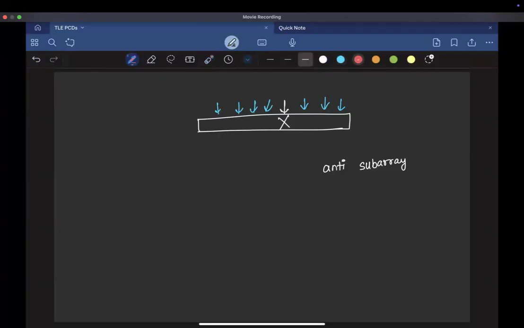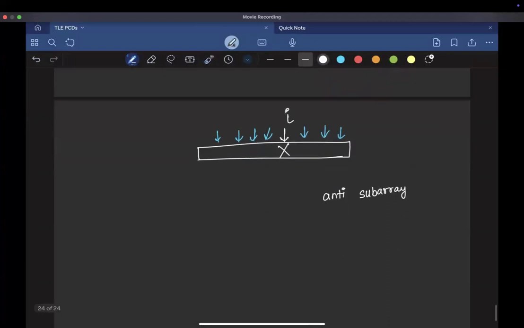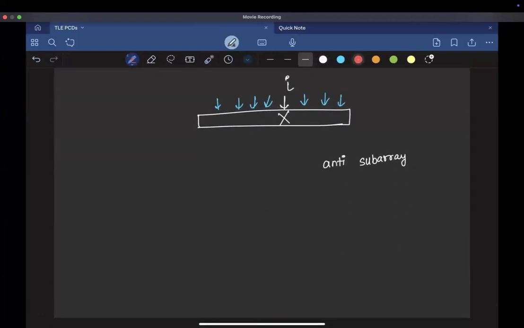So obviously, since I can choose subsequences, if I fix some value for this guy that would be skipped, I would just like to pick up all of the positive integers on the left hand side and all of the positive integers on the right hand side to maximize my sum of the anti subarray. Right. This is a very intuitive thing, I believe, that you want to maximize the sum of anti subarrays.